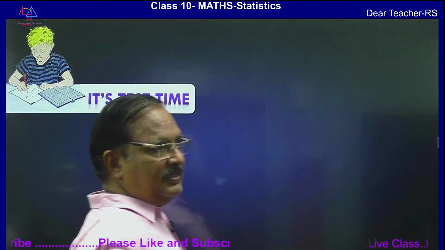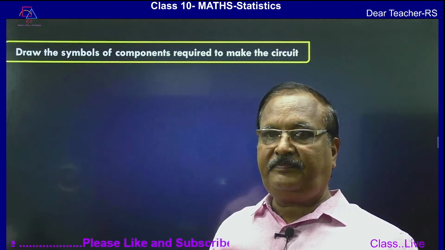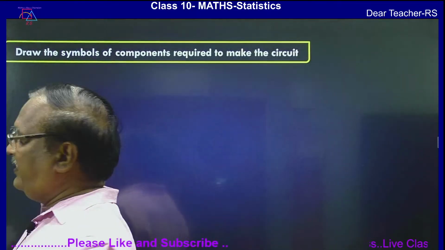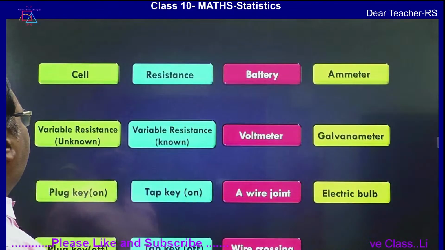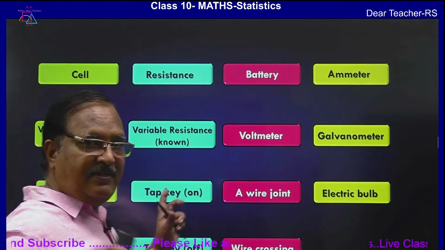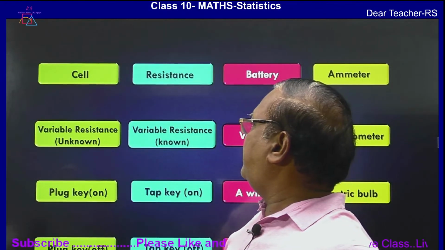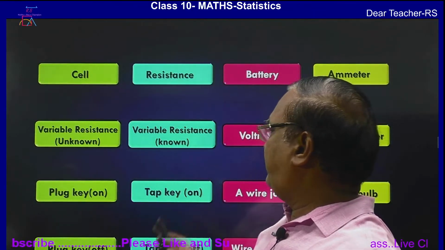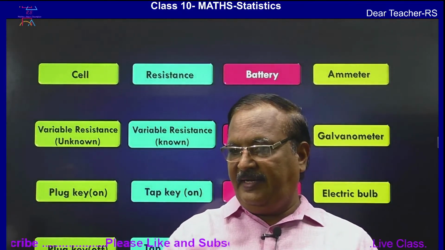Now let us have a small test, right? Draw the symbols of the components required to make the circuit. You have to draw the symbols. Okay. So these are the different things you have to draw. Below that you can draw cell, resistance, battery, ammeter, variable resistance, all these things you have to draw under that. Okay.